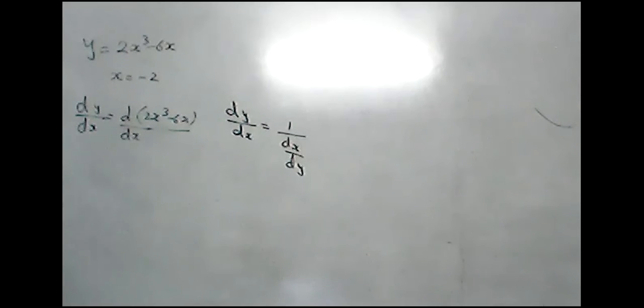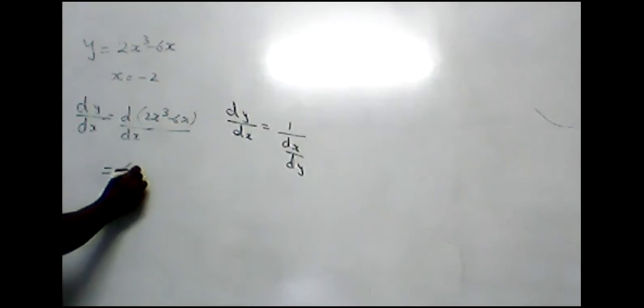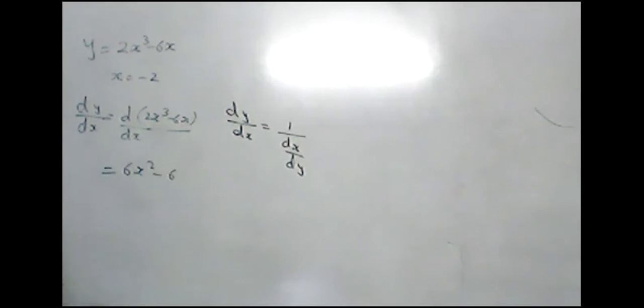So what happened over here is, इसको solve करने के लिए let's take a term common over here. Okay. So now differentiating this will become 6x square minus 6, right?